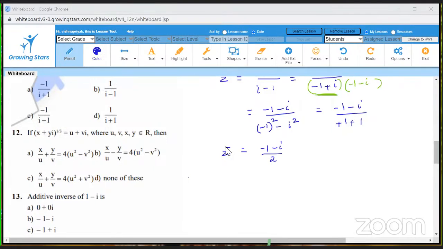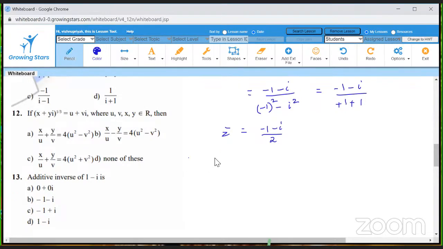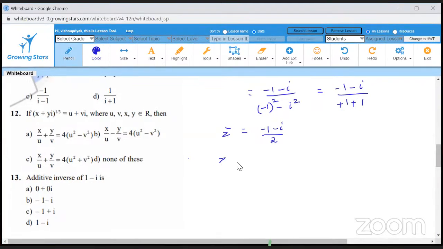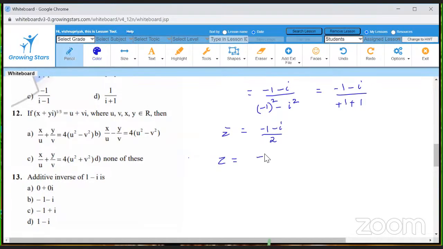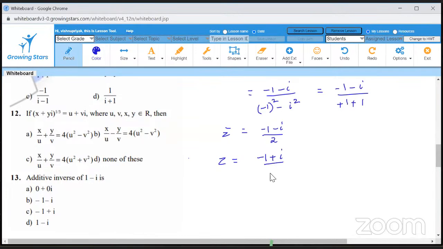Yeah, I'm doing question number 11. So what will be z? In the middle, minus will change to plus: minus 1 plus i by 2.